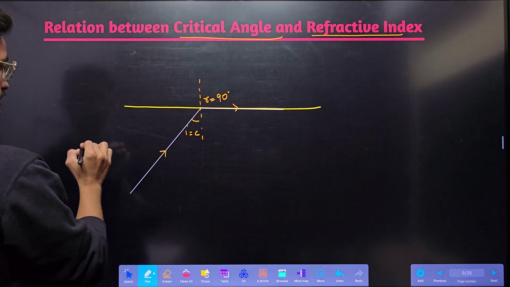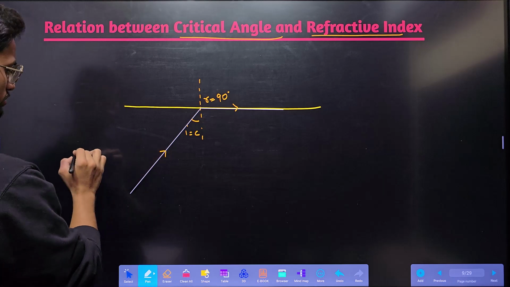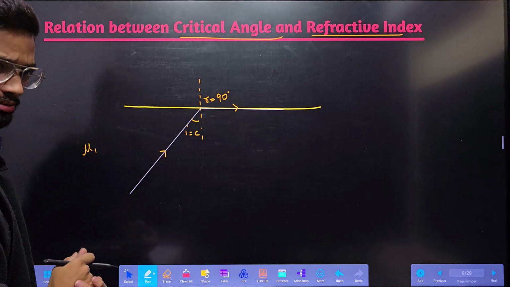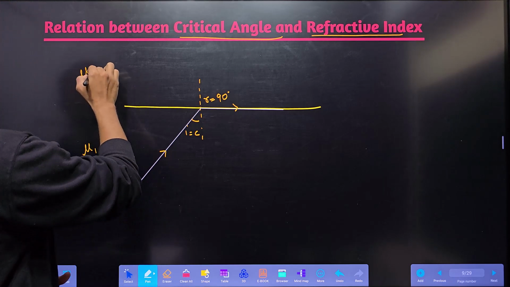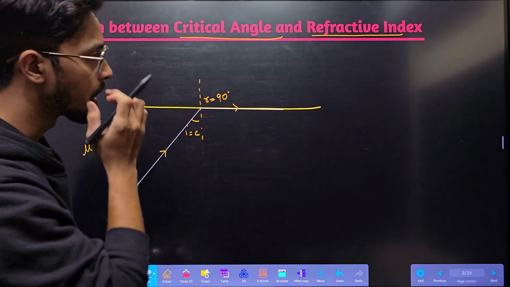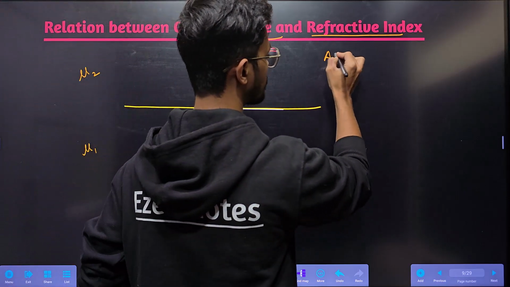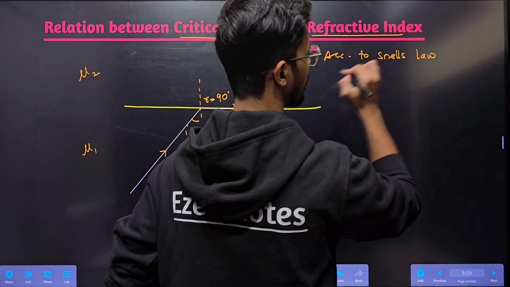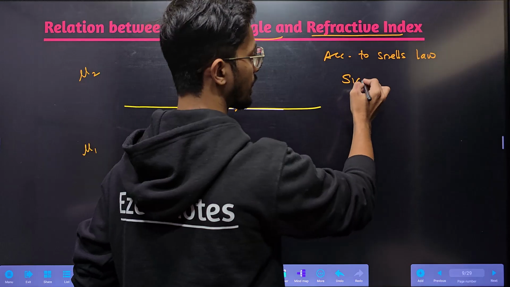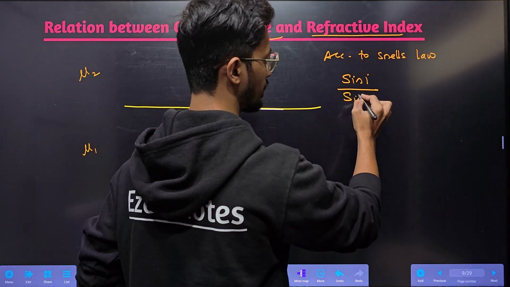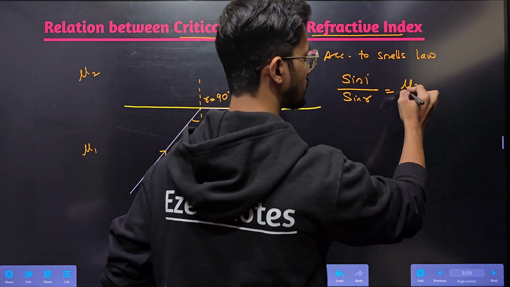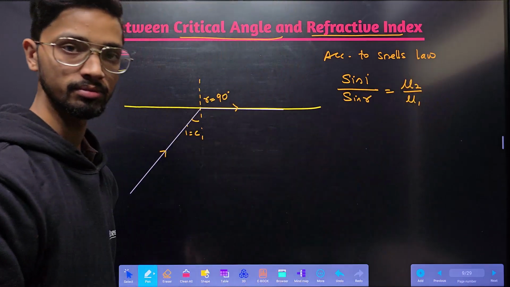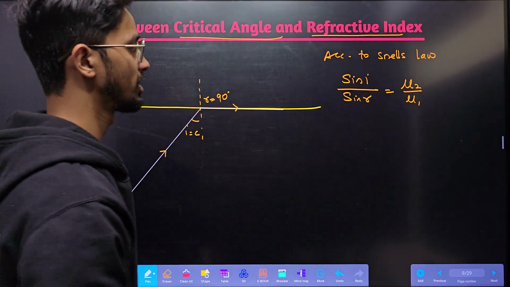Here let us assume mu1 is the refractive index here, and here it is mu2. So we know Snell's law. According to Snell's law, sin i upon sin r is equal to mu2 upon mu1, right? What is sin i?